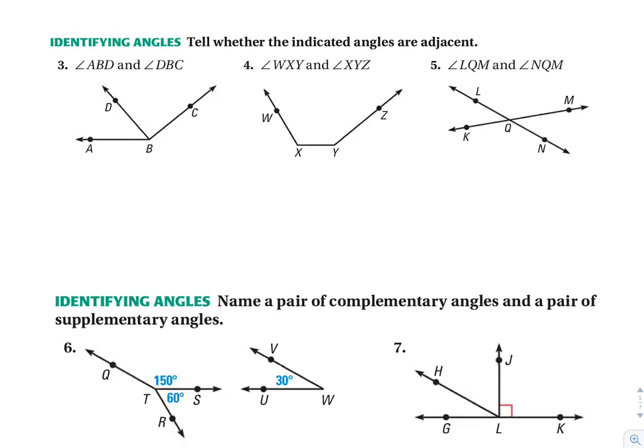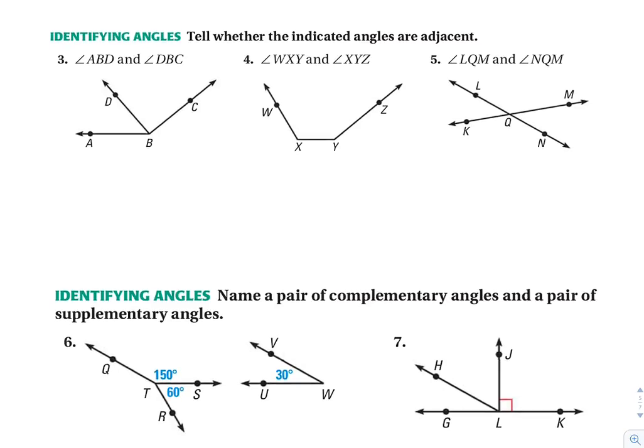All right, so first, tell whether the indicated angles are adjacent. So let's look. We've got ABD and DBC. Yes, they share BD and they're not inside one another. WXY and XYZ, no. They're close to each other, they're nearby. We'll actually, later on, call these consecutive angles.